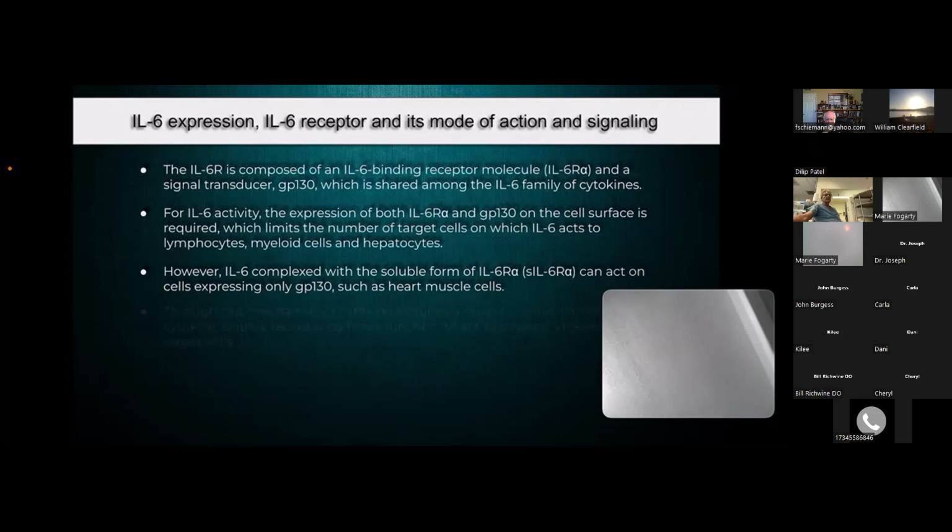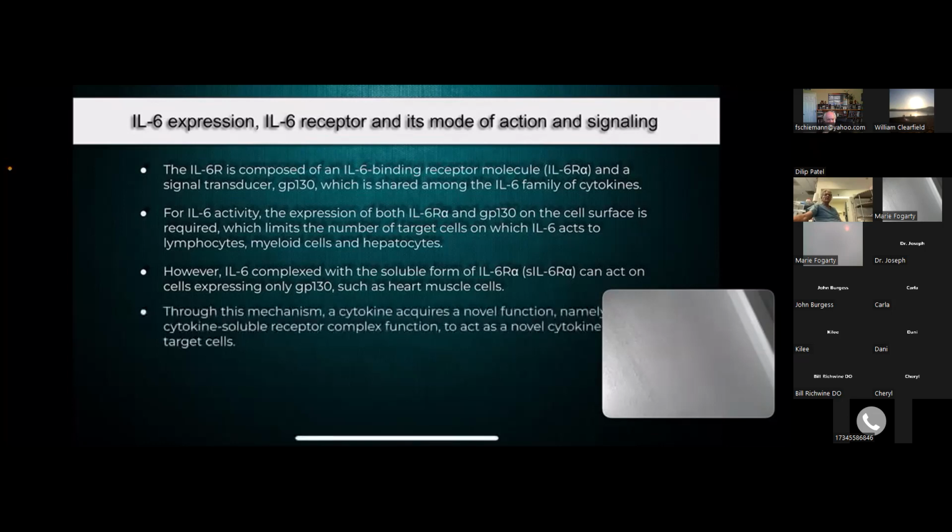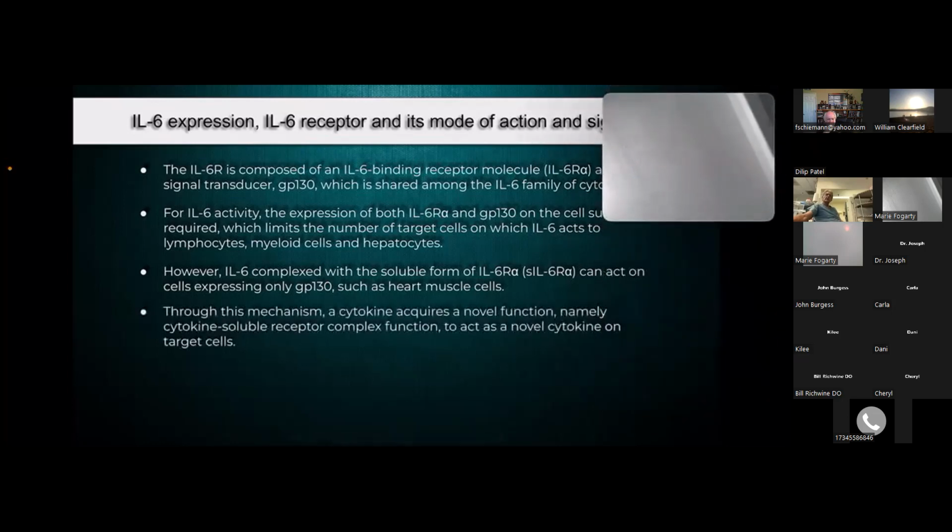Think about that. Or you have a systemic effect. Think about COVID long haulers with all the different symptoms. They're not the same for each person, but they're a variety.